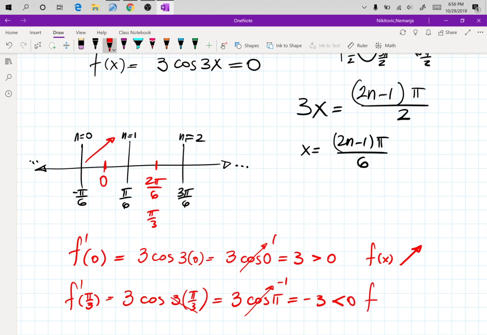So now f of x is decreasing, and that's this. Now we know the next one is increasing, and then it's going to be decreasing, because it's a trig function. So it goes up and down, up and down, up and down.